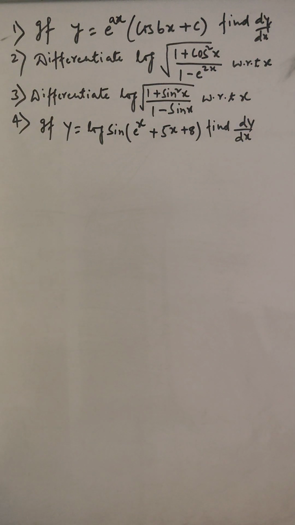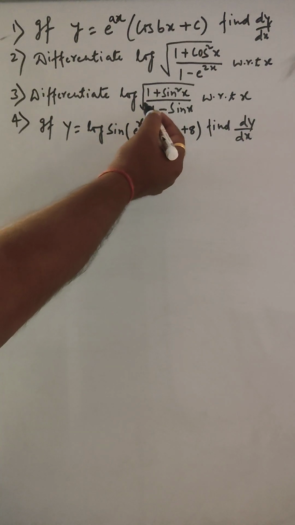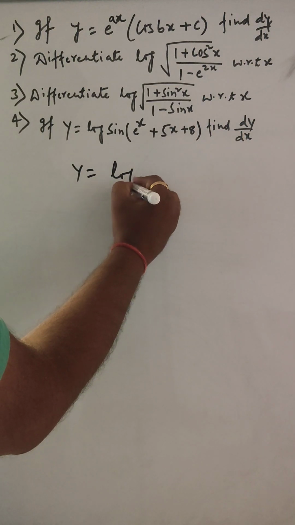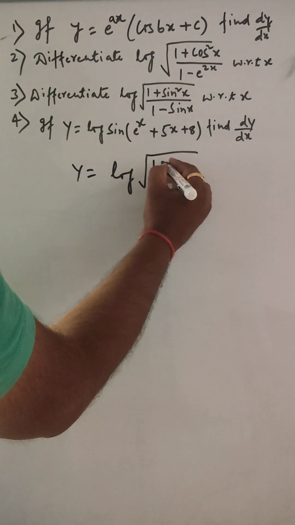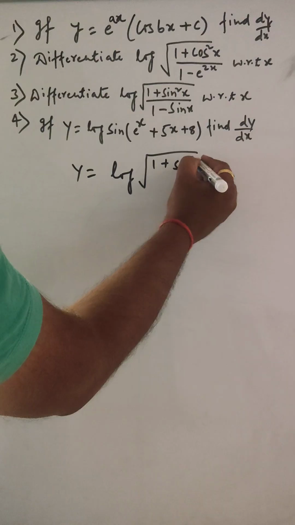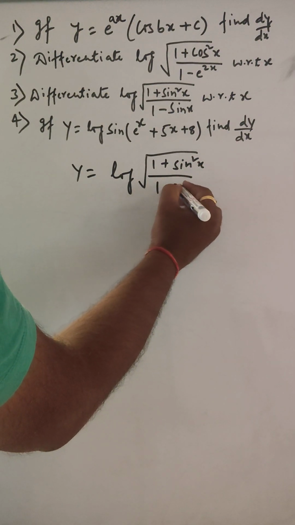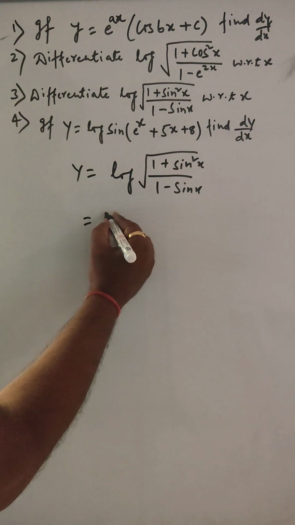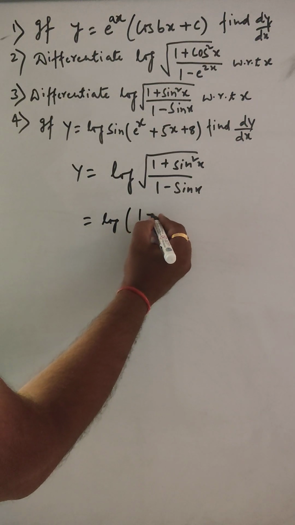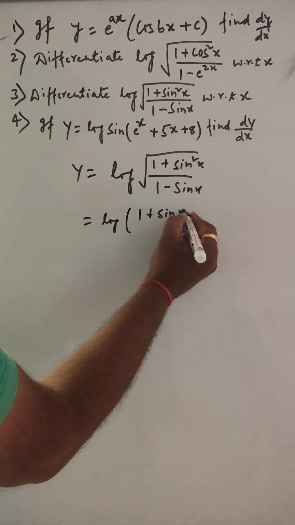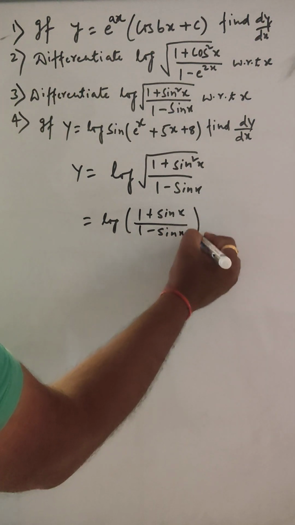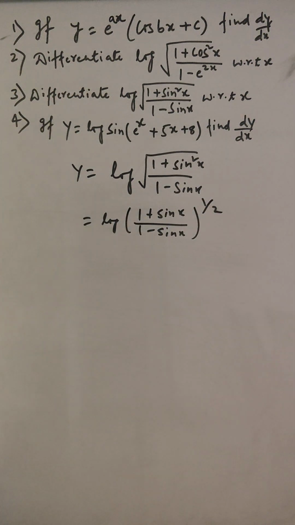so again this is again in that log form. So let y is equal to log of root of 1 plus sin x divided by 1 minus sin x. Again, so we can write over here log of 1 plus sin x divided by 1 minus sin x to the power 1/2.